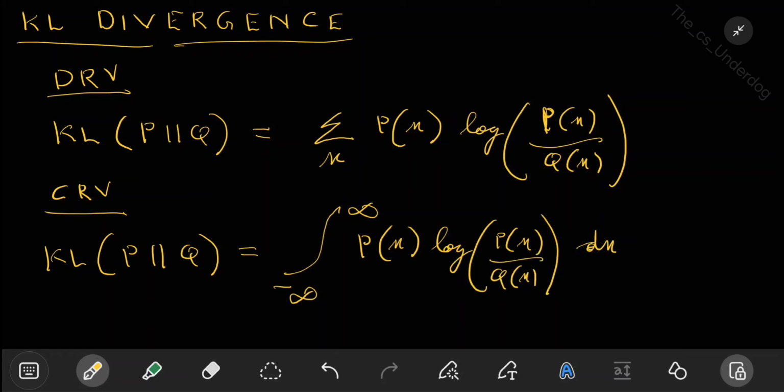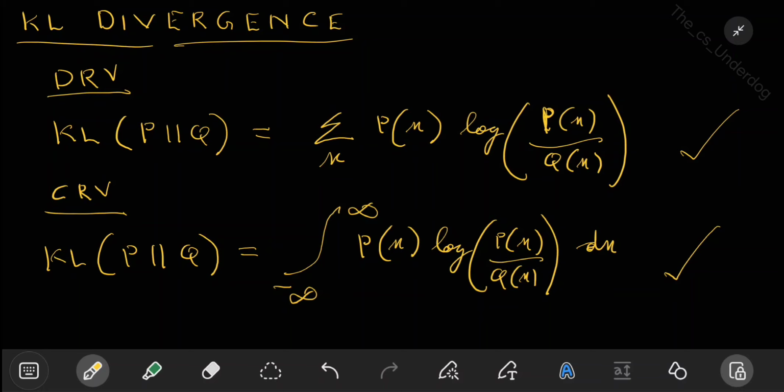This is how you identify the KL divergence of P from Q in case of continuous random variables. So in case of discrete random variables, use the first equation, and in case of continuous random variables, use the second equation, right?